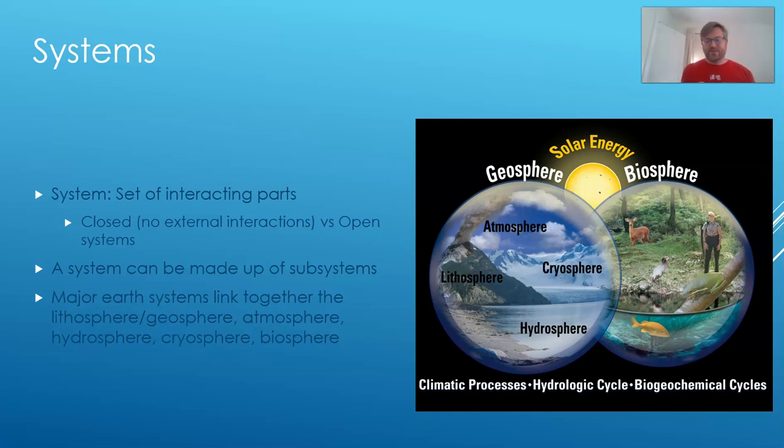We've got the hydrosphere, which is made up of all the water on Earth. We've got the cryosphere, which is all the frozen parts of the Earth. And the biosphere, everything that's living on the Earth. These different spheres are linked together by different sorts of interactions that make up these important systems that we're going to be looking at.